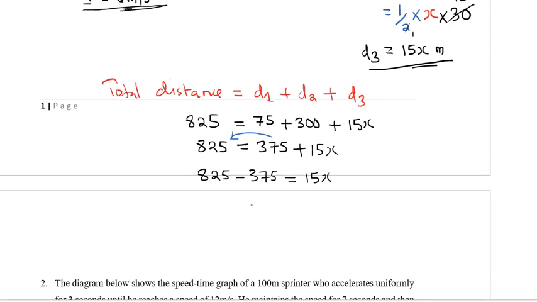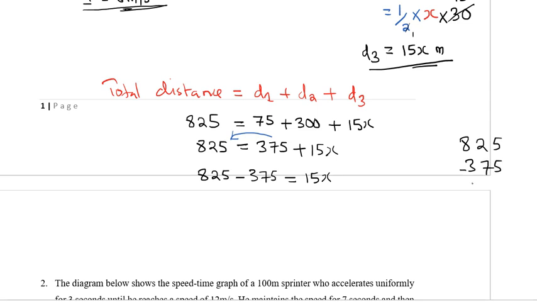You have seen. So now we can subtract here: 825 minus 375. If you don't want to make a mistake, you can even do this: 825 minus 375.